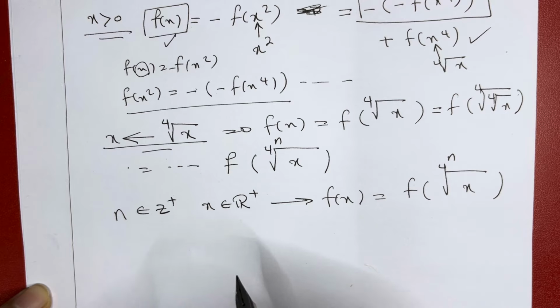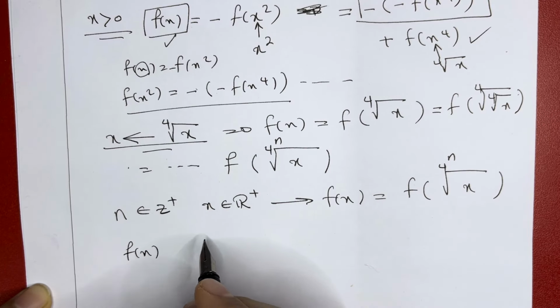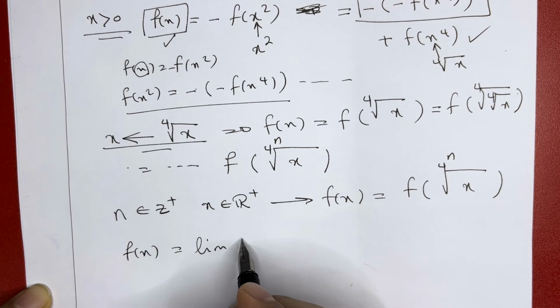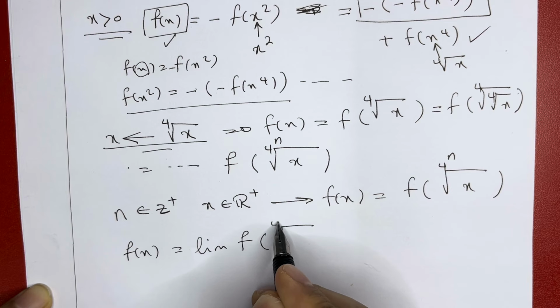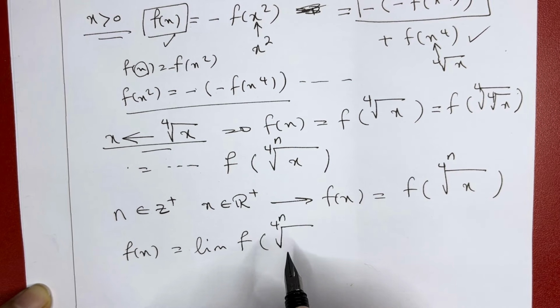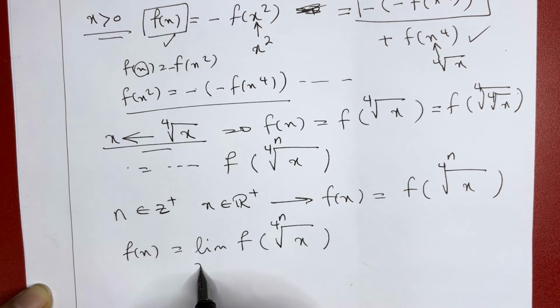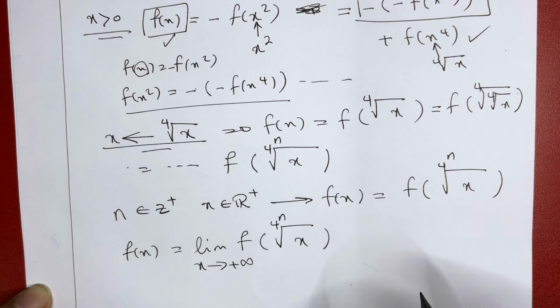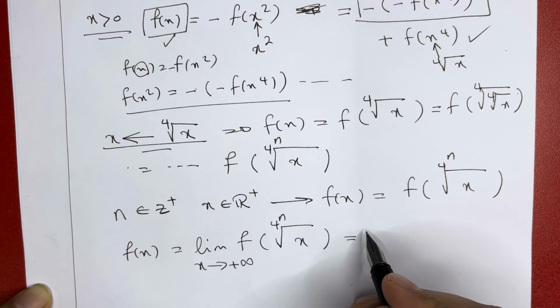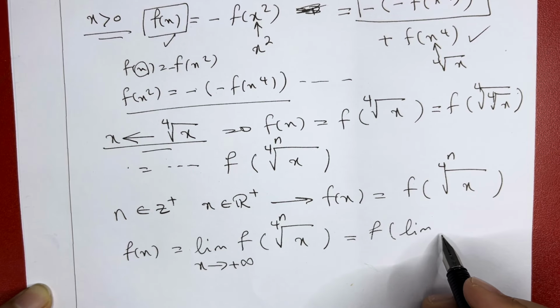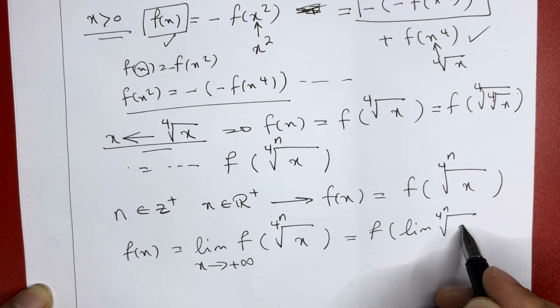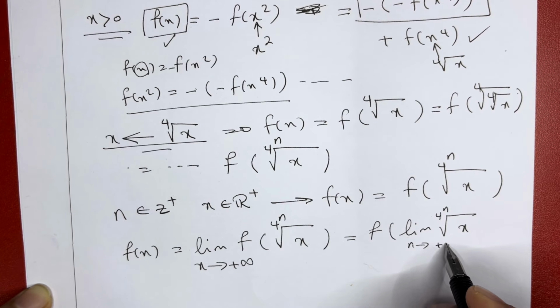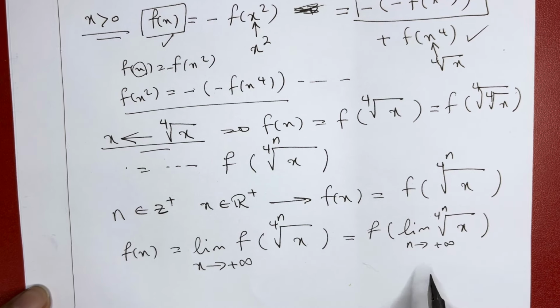Now, if you take a limit, f of x is going to be the limit of f of the 4 to the power of nth root of x as n goes to positive infinity. Based on the continuity condition, you can bring the limit inside. So it's going to be f of the limit of the 4 to the power of nth root of x as n goes to positive infinity. So what is this result?